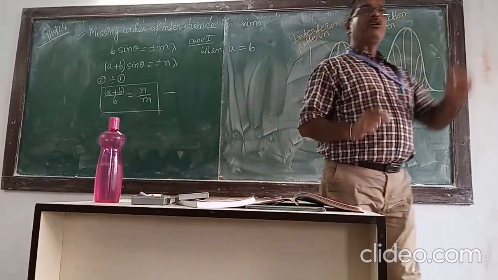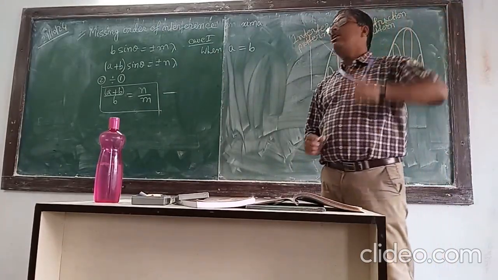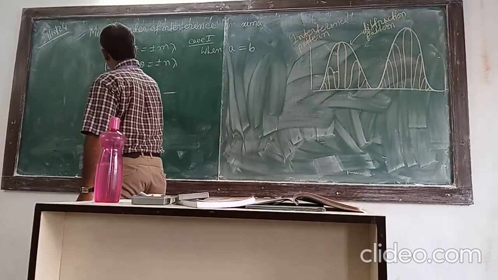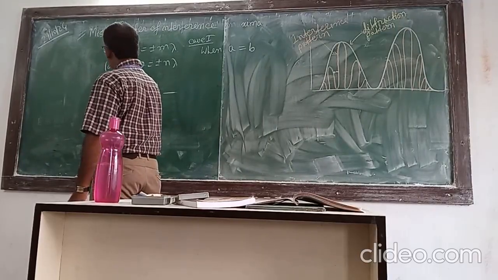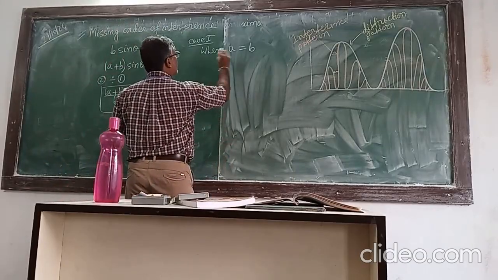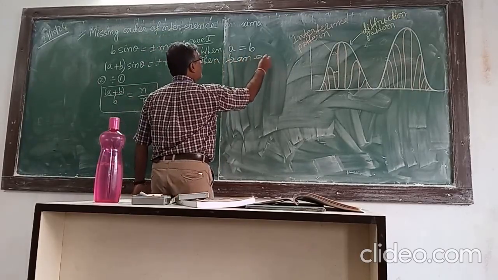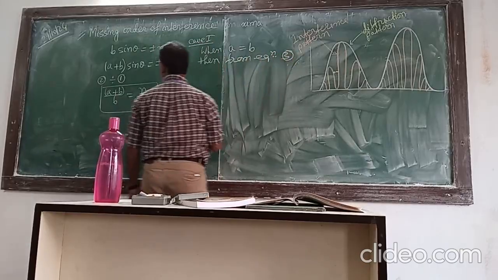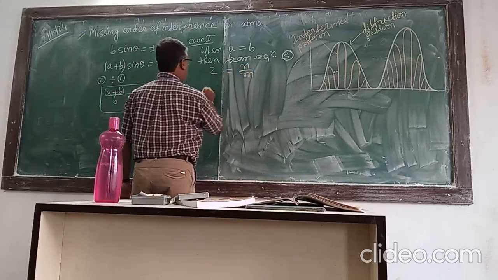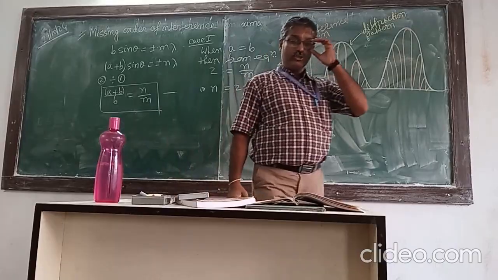Because B is constant, we change the value of A, so at a certain time it may occur that A equals B. Then (A plus A) by A is 2. From equation 3, 2 equals n by m, or n equals 2m.